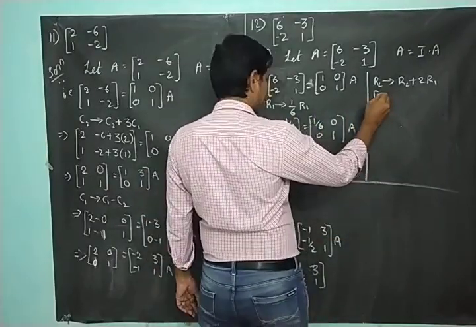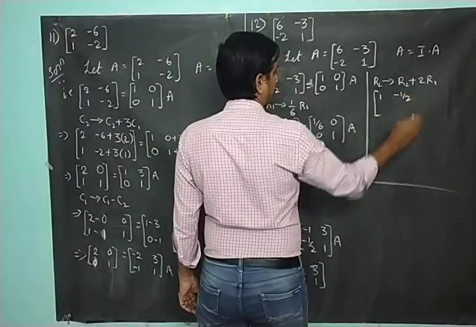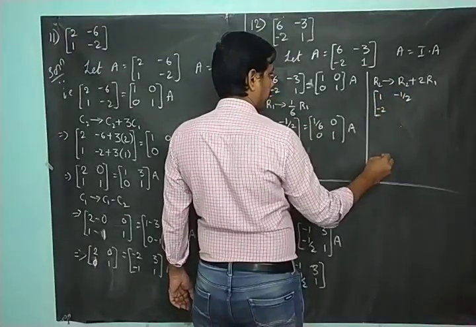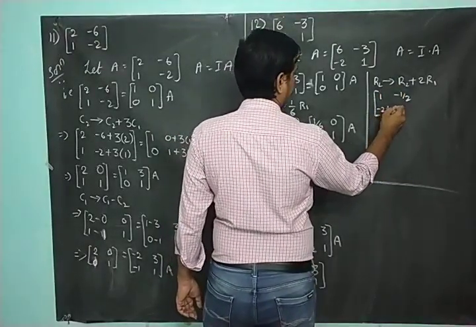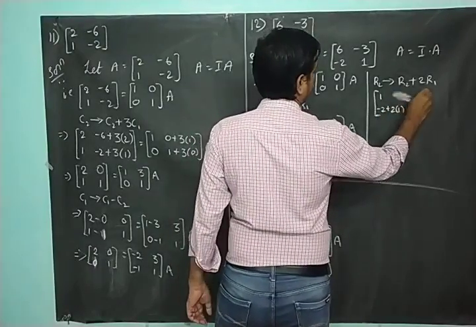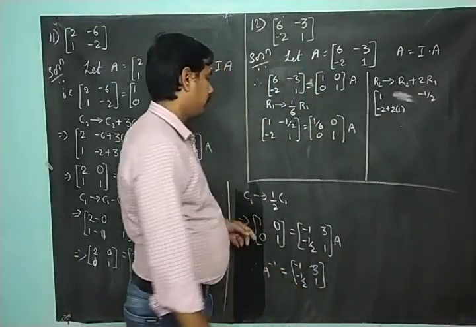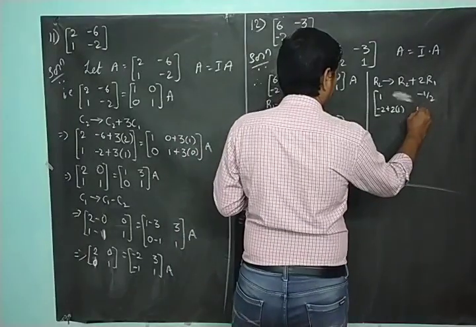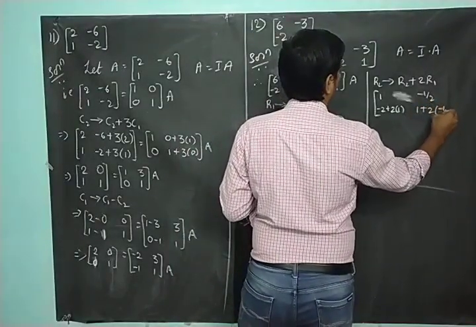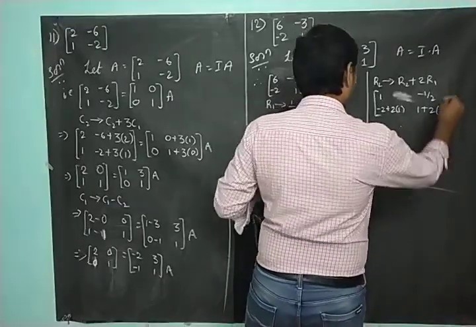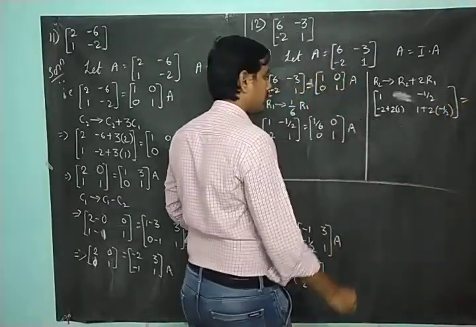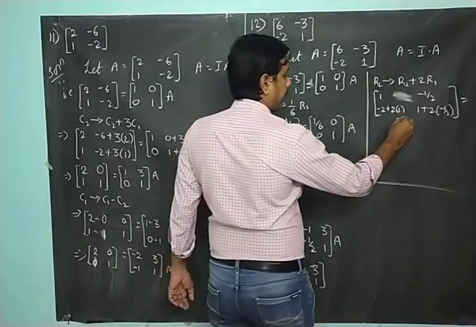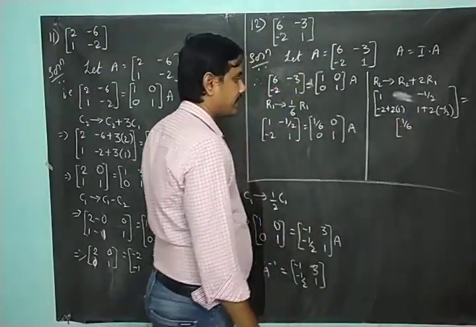Row 1 will remain unchanged. 1, minus 1 by 2. Row 2 is what? Minus 2 plus 2 into R1, and here 1 plus 2 into minus 1 by 2, and this is equal to, here what we get, 1 by 6.